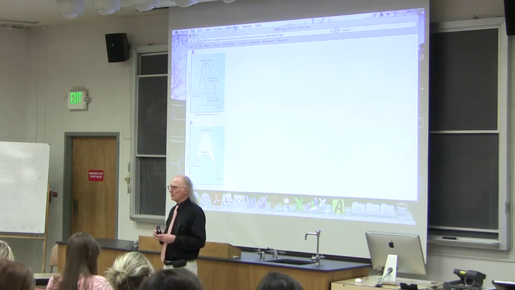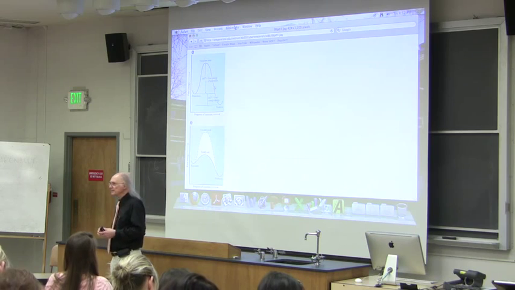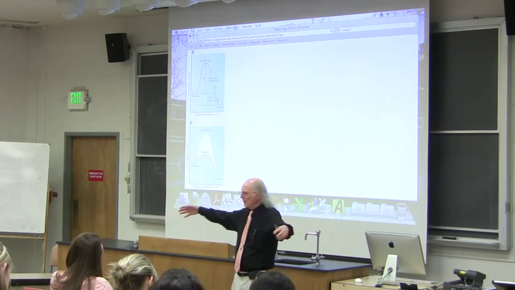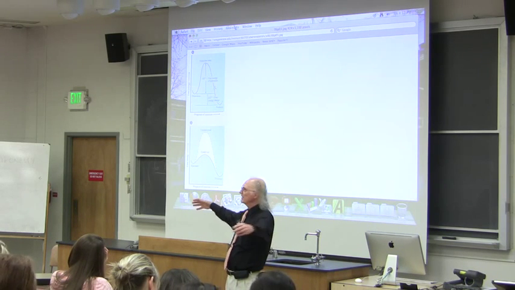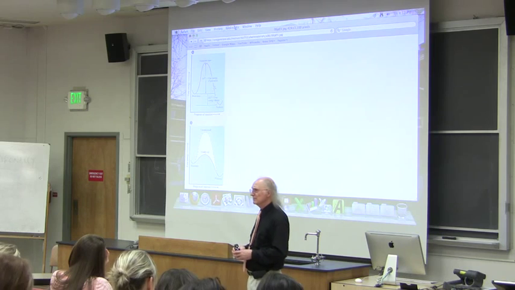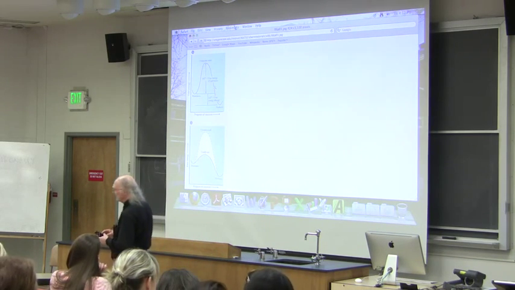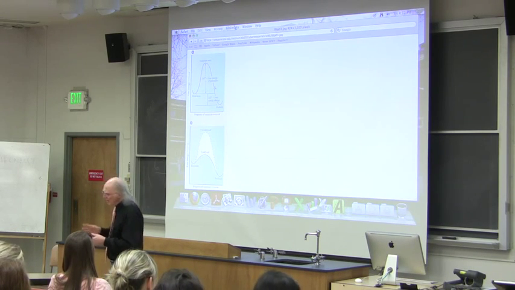Let me give this to you in another term. Let's imagine, if you will, that as a class we decide as a project, we are going to take this giant ball bearing. And let's say the ball bearing is about the size of this room. So we're going to take the whole class, and we're going to push this ball bearing to the ocean. Well, we can say, all right, well, let's think about this.